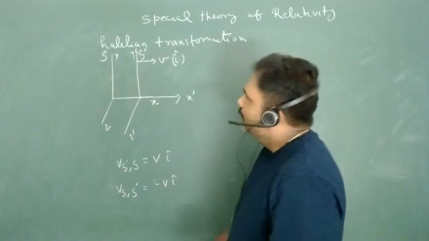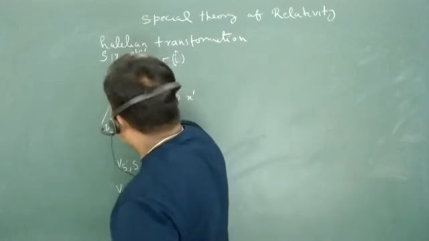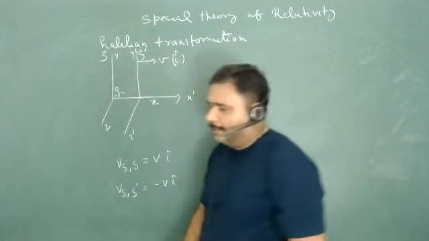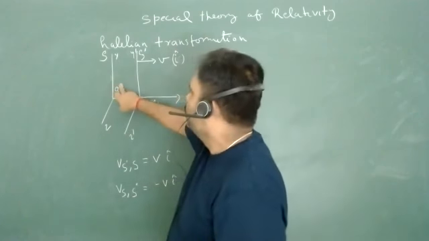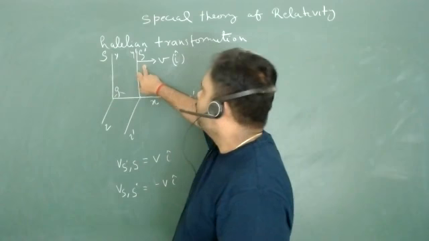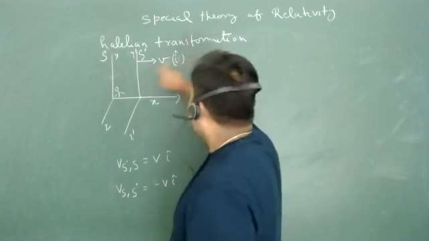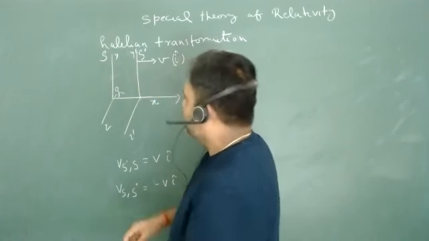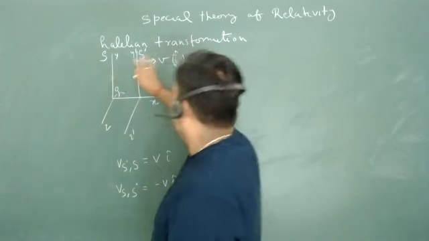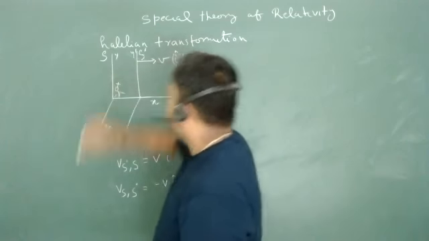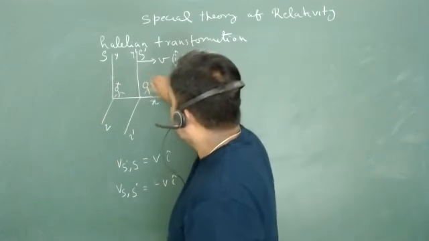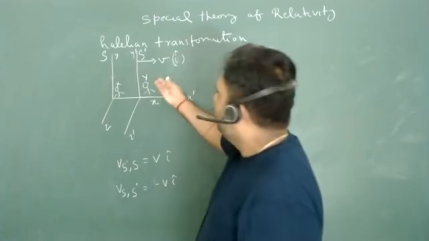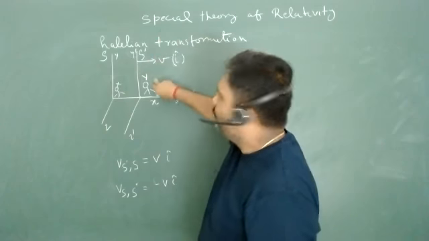This means if an observer sits here, what will he see? He will see S at rest with respect to him, and the velocity of S dash will be v in the positive X direction. Let's say this observer is X, but there is another observer Y, sitting on the S dash frame.